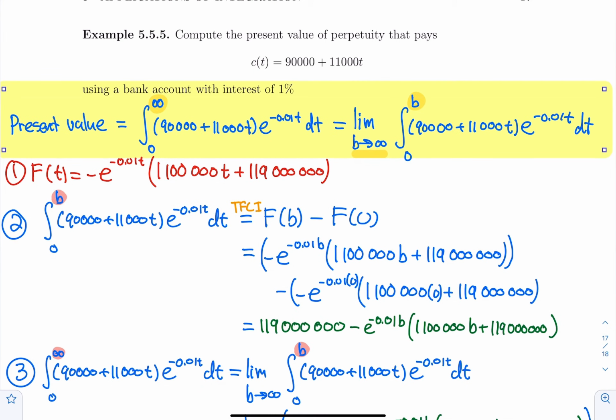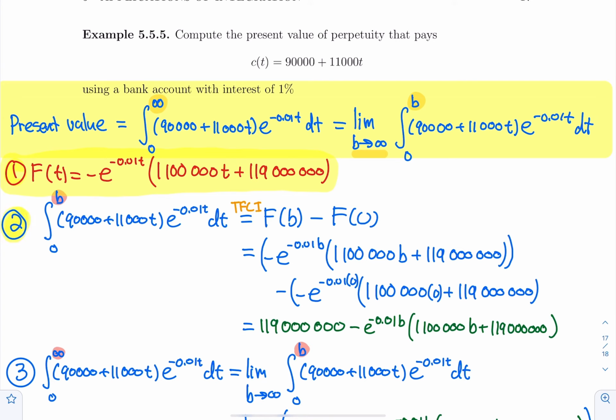So let's go over the steps quickly. We can use the same primitive as before. For big F, I'm going to use again minus e to the minus 0.01 t times, open bracket, 1,100,000 t plus 119 million. That's the primitive that I'm going to use in my question.